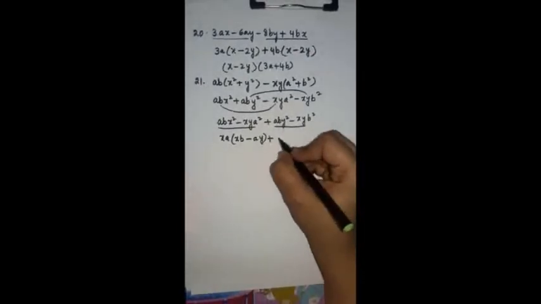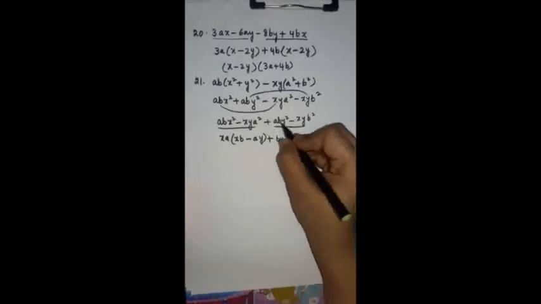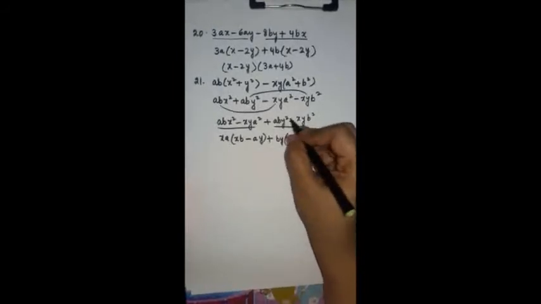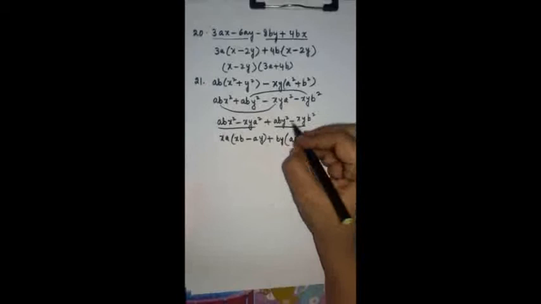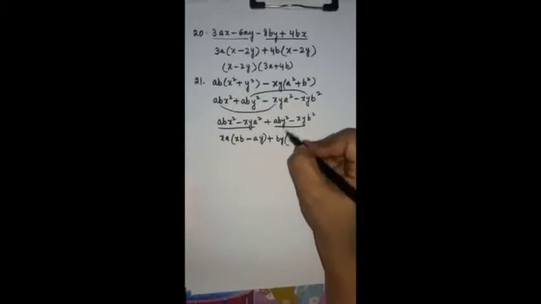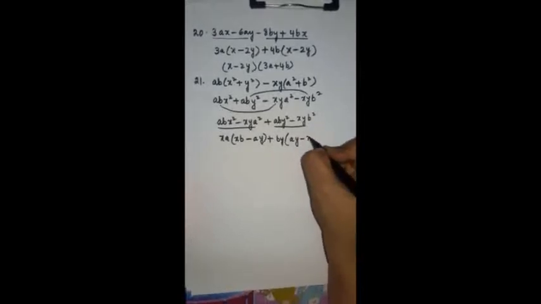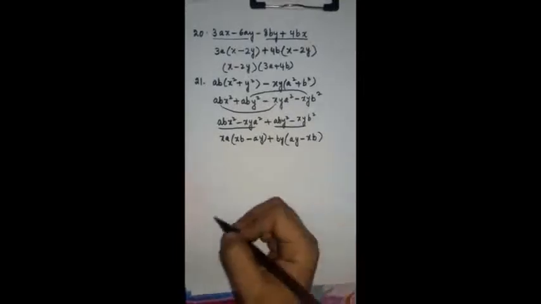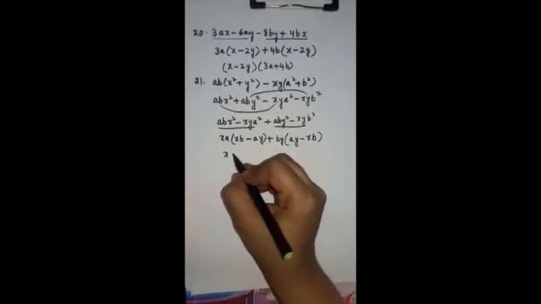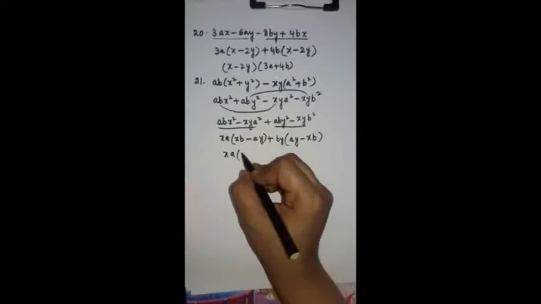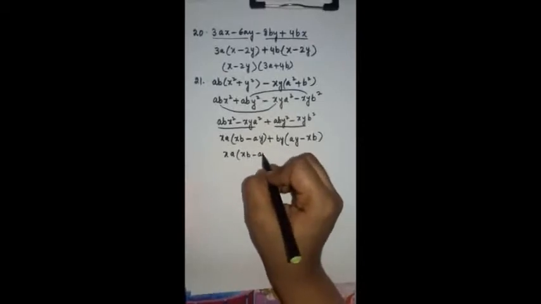Plus here aby square minus xyb square. So over here we can take by, here also by is there. Now what is remaining? ay, because by we have already taken, one a is remaining, then out of y square one y is remaining, then minus here x is there, then yb, so one b is remaining. So now we have xa of (xb minus ay).